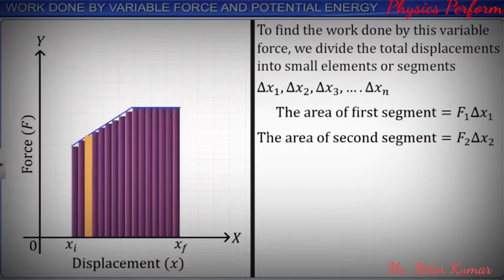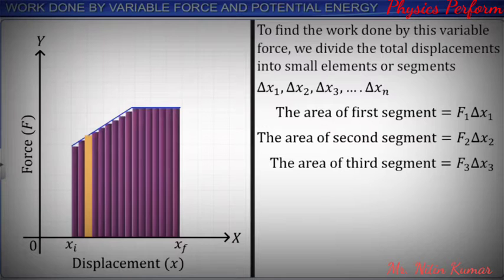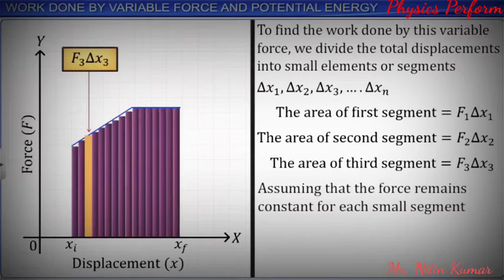For the third segment, delta x3, work done is the area of the third segment, that is F3 into delta x3 and so on. Here, we assume that the force remains constant for each small segment.